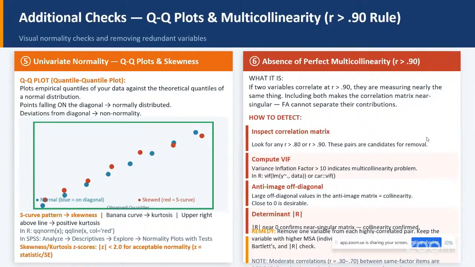We need to remove those, otherwise we will get a totally wrong result. Another way is VIF, the variance inflation factor. If it is greater than 10, then it has severe multicollinearity and we can't go with those variables.